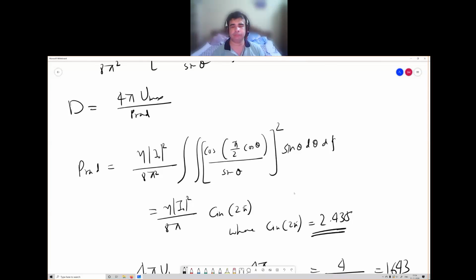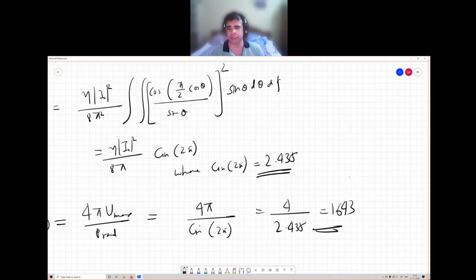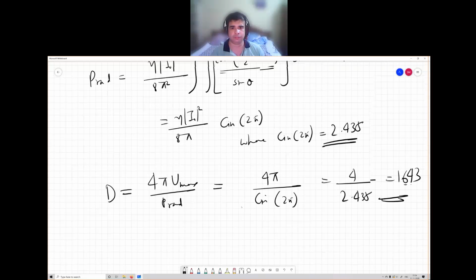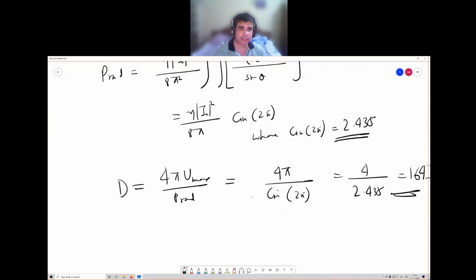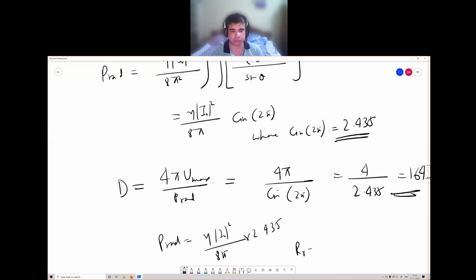Is it okay? The detailed derivation is in Balanis, so you can check that. The derivation is not so important. What is important are these values: directivity, the input impedance, and those things. So P rad is equal to eta I0 square by 8 pi into 2.435, right? So radiation resistance will be what?